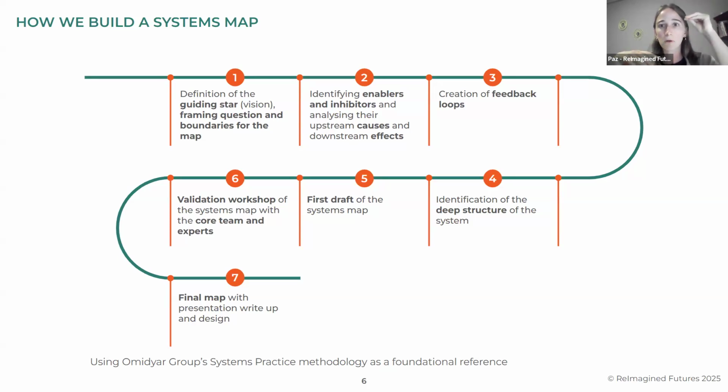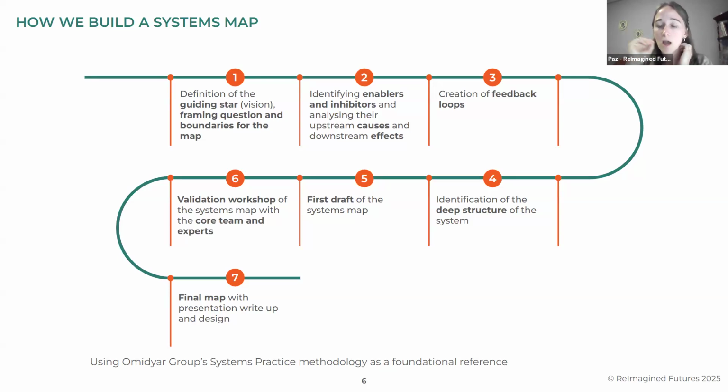Because with those upstream causes and downstream effects, we create feedback loops, which are the building block of the systems map. Once we create the feedback loops, we share them and we co-create them together with the core team, and we identify the deep structure of the system. The deep structure is those main dynamics that answer the framing question directly in a very broad way.